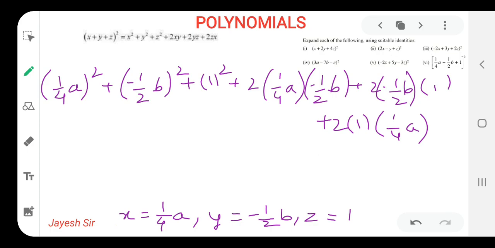So we all know the square of 4 is 16, but the 4 is in the denominator, so our answer would also have 16 in the denominator, and a square as it is. Yes, minus 1 by 2. 2 square we all know is 4, but it is minus 1 by 2. That means minus minus would be plus. So 1 by 2 square would be 1 by 4b square. Yes, and 1 square as it is, that means 1.